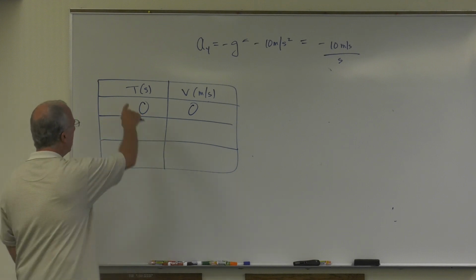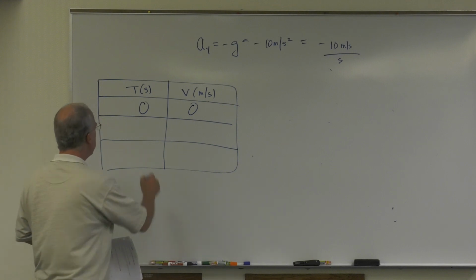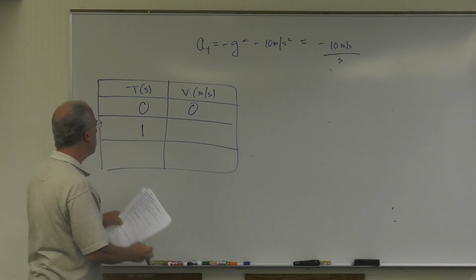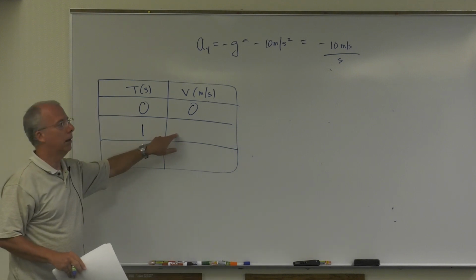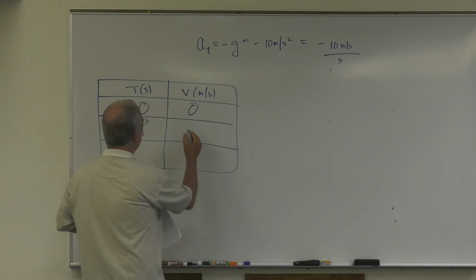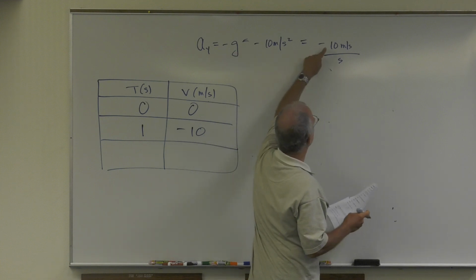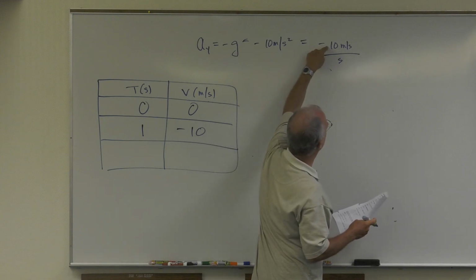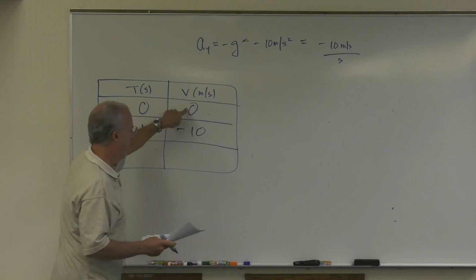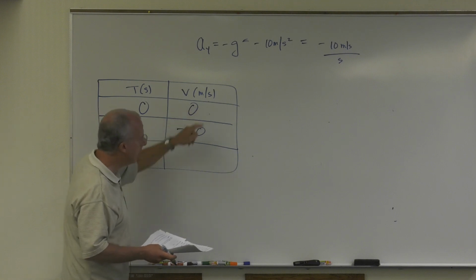All right, so let's suppose initially that the object is held at rest. So at time equals 0, the velocity is 0 meters per second. Then I let go. What is the speed after 1 second? Well, minus 10 meters per second, because the acceleration is minus 10 meters per second every second. So if we start at rest, then 1 second later, the velocity is minus 10 meters per second.